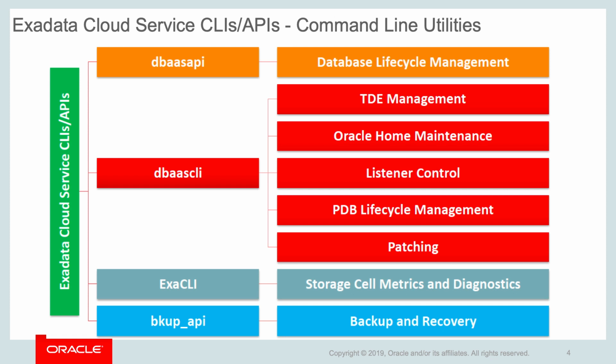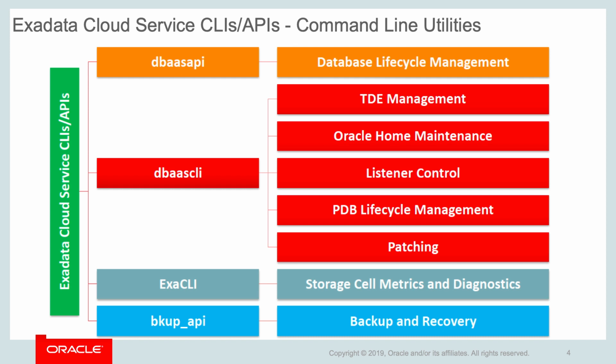Debus API helps with database lifecycle management operations, which might include creating an environment or deleting it. The other one is Debus CLI, which helps with database lifecycle operations related to encryption, home maintenance, or operational activities like controlling the listeners. PDB lifecycle management can be done, and you can also use Debus CLI to perform patching operations.